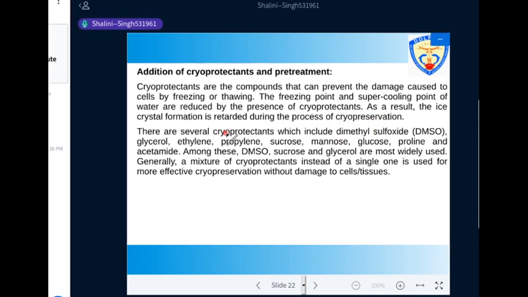There are several cryoprotectants which include DMSO, dimethyl sulfoxide, glycerol, ethylene glycol, propylene glycol, sucrose, mannose, glucose, proline, and acetamide. Among these, DMSO, sucrose, and glycerol are most widely used. Generally, a mixture of cryoprotectants instead of a single one is used for more effective cryopreservation without damage to cells or tissues.